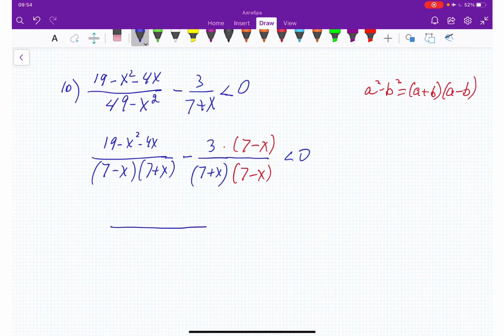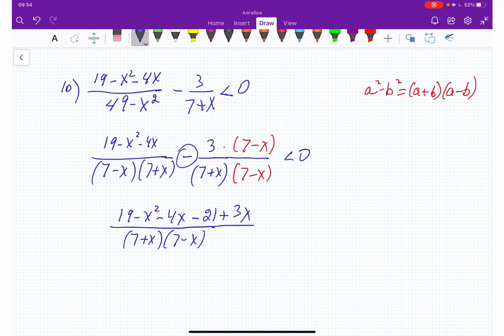The result is 7 plus x, 7 minus x, we get 19 minus x squared minus 4x minus 21, and it's going to be plus, because don't forget I'm considering this negative sign, plus 3x. Okay? So what do we get?